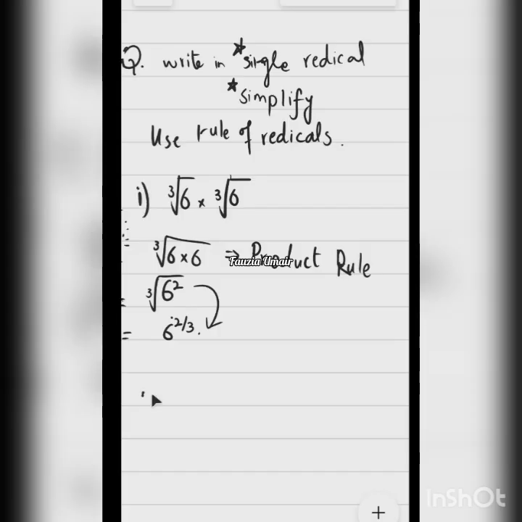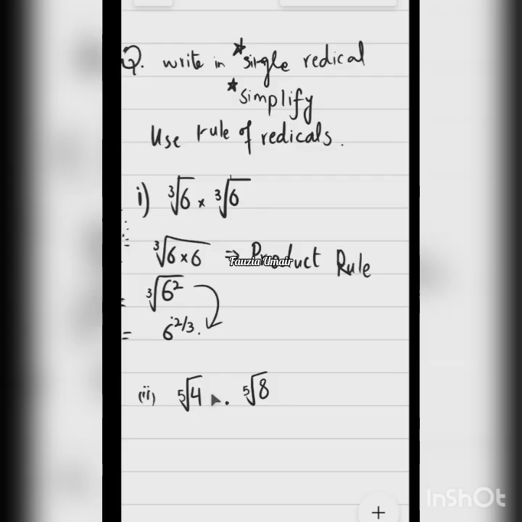So now the second part. The second part is, just quickly tell me how to solve it. 4 with the base 5 multiplied with 8 with the base 5.